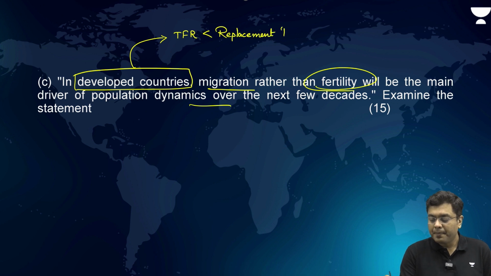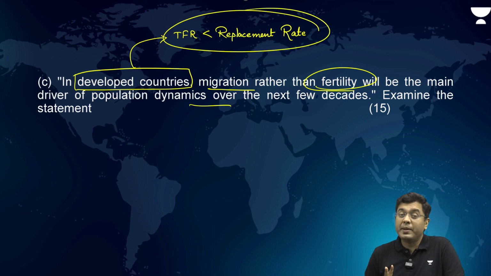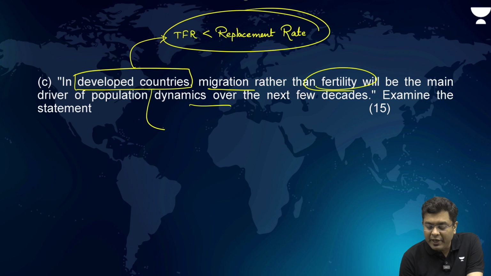As a consequence, UPSC had asked about demographic winter and the aspects associated in GS also, so it is a common theme. Here that will mean there is a trend of declining population.